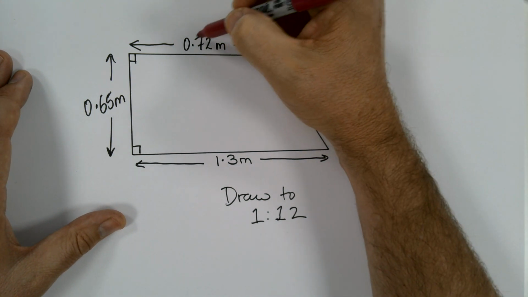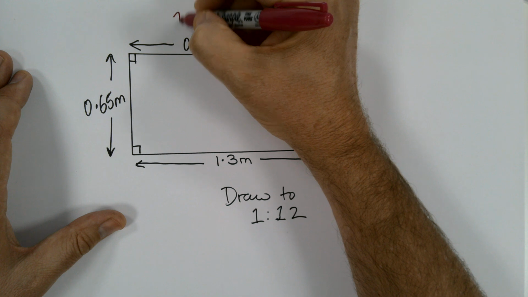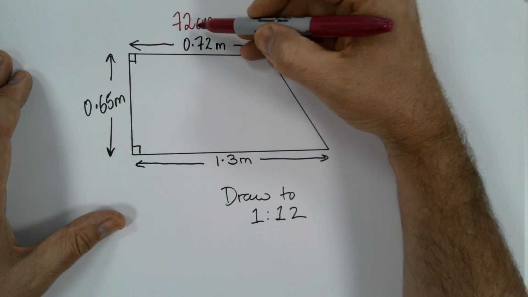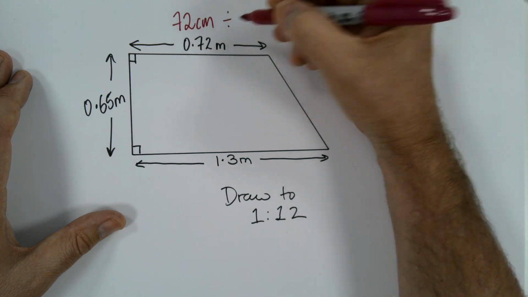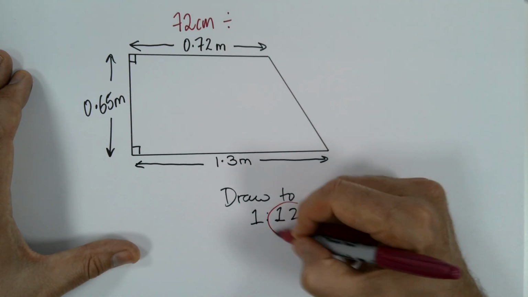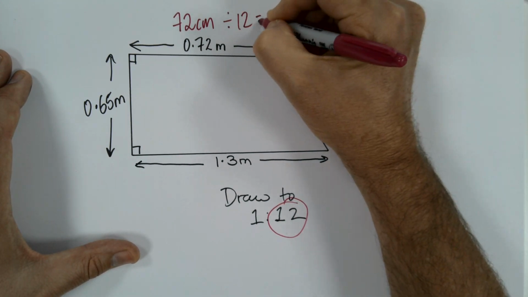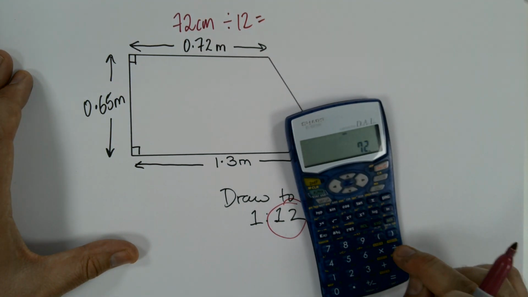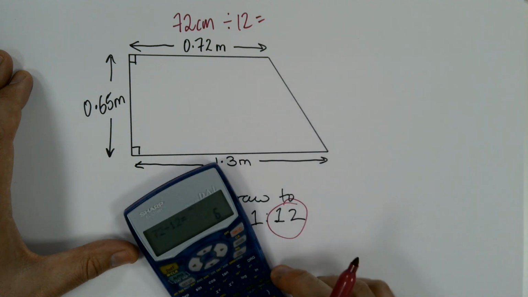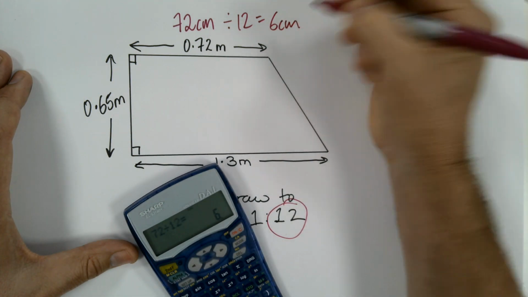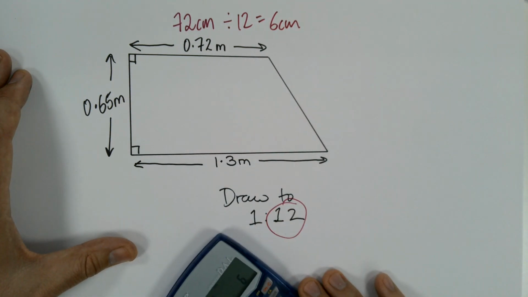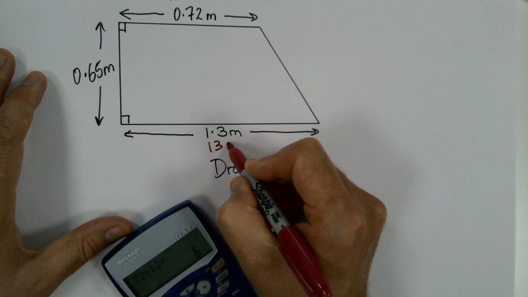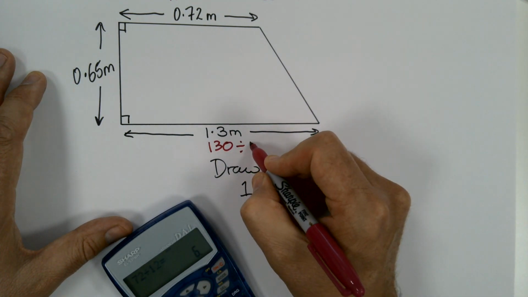Times it by 100 as before, so that's 72 centimeters. It's 0.72 meters, which is 72 centimeters, but I'm not dividing by 800 this time, I'm dividing by 12. 72 divided by 12, straight up 6 centimeters. This one down here, that's 1.3 meters, so that's 130 centimeters divided by 12.